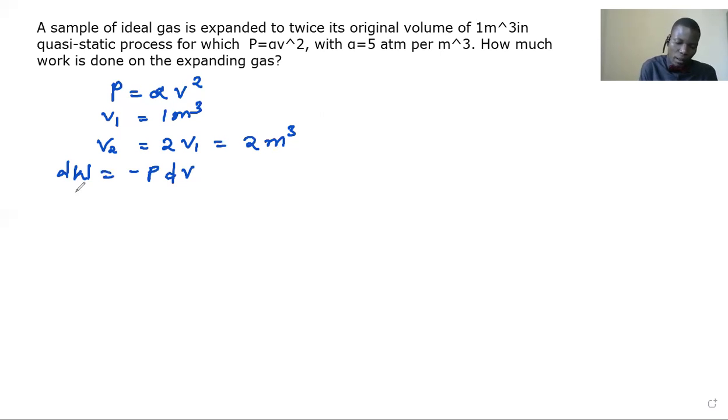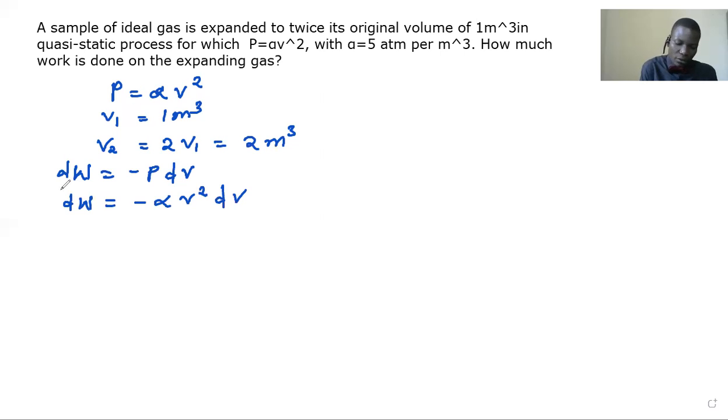We can substitute where there is pressure with what we've been given. So we have dW equals alpha V squared dV. So you can see that this is a differential equation.